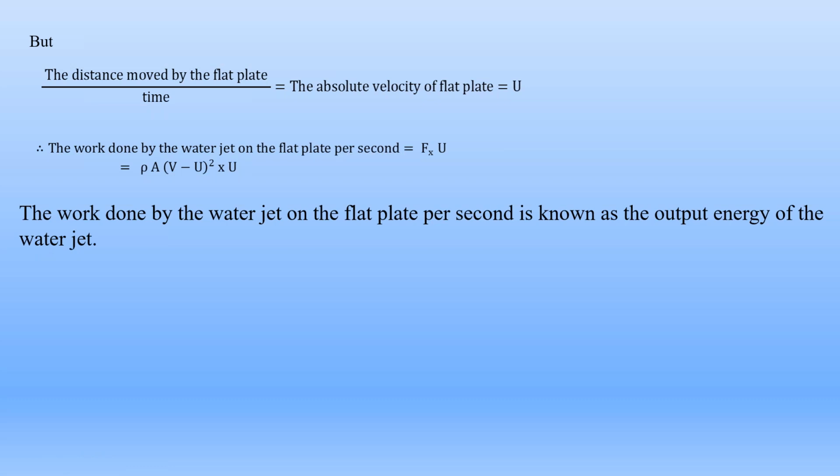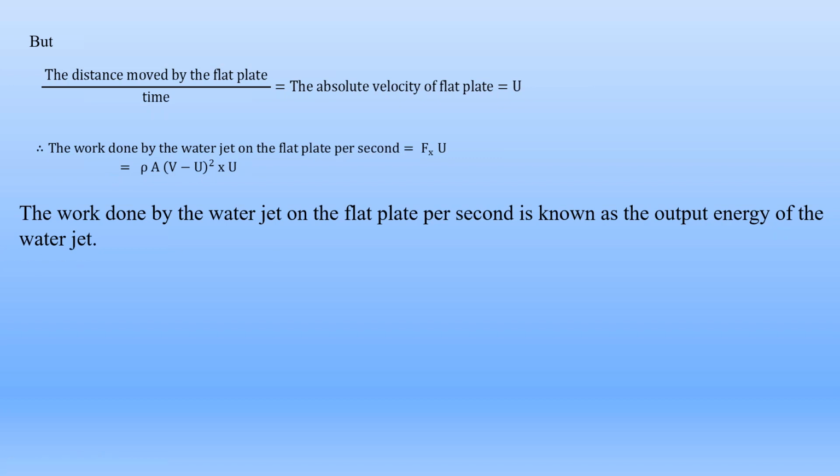Here the moving plate is a vertical flat plate. So the work done by the water jet on the moving vertical flat plate per second is called the output energy of the water jet. Please remember this: the work done by the water jet on the moving vertical flat plate per second is equal to rho a (v minus u) whole square into u. This is called the output energy of the water jet.